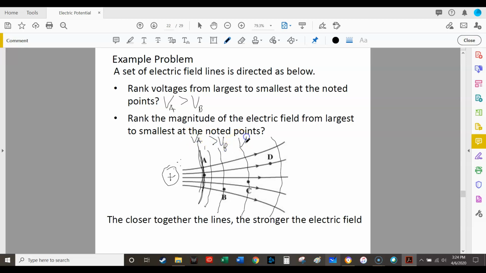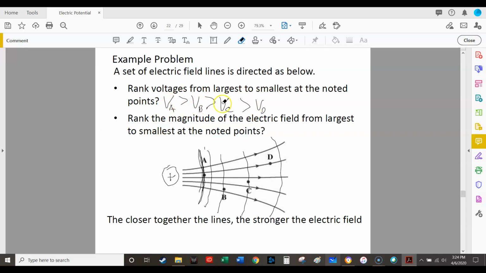And then the voltage at C is less than the voltage at B. And then finally, the voltage at D is way out here, which is going to be the weakest of all the indicated points. All right.